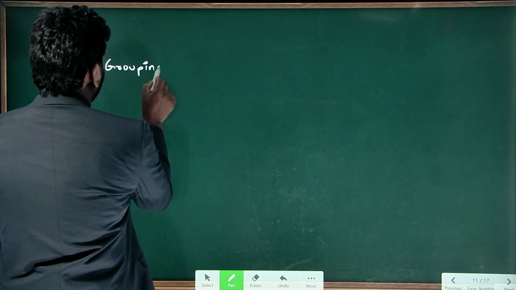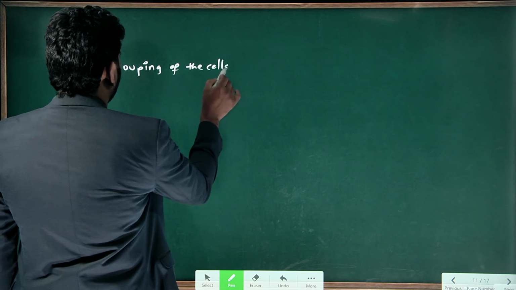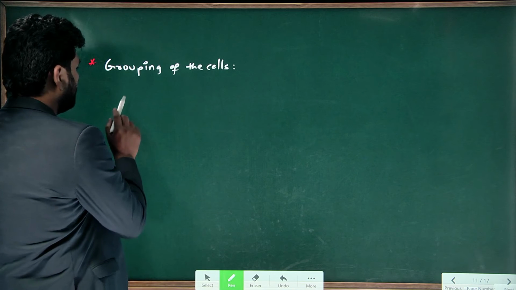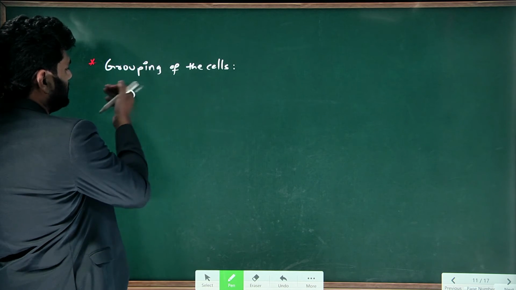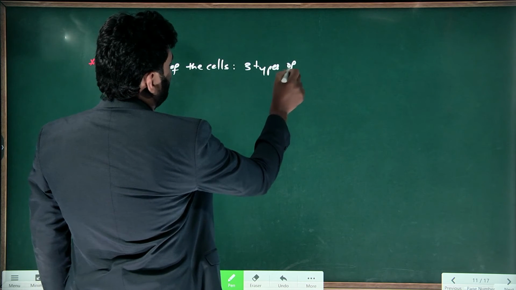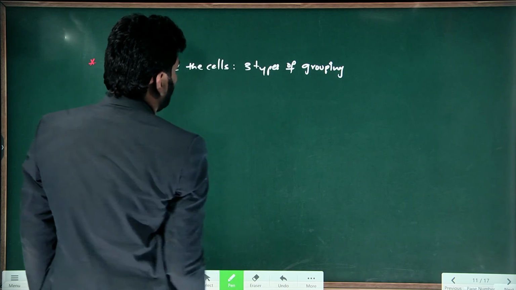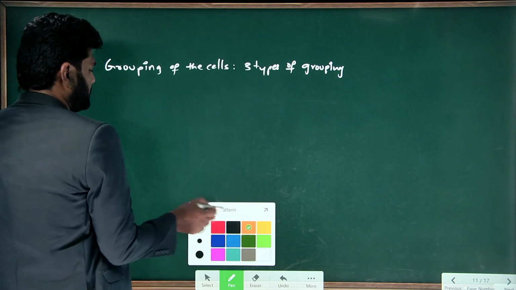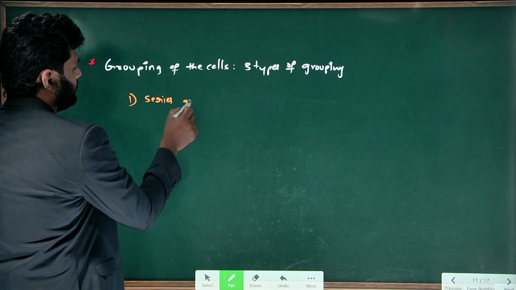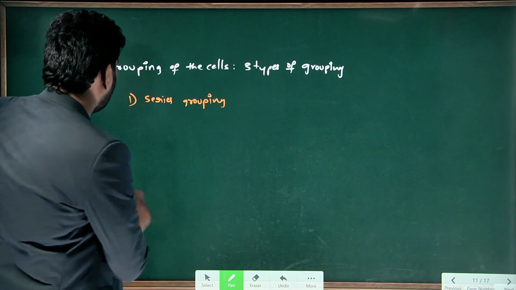Grouping of the cells. We have three types of grouping. The very first one is series grouping, which means series connection of the cells.